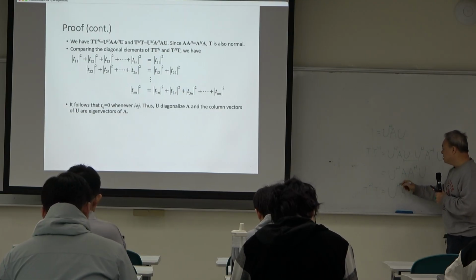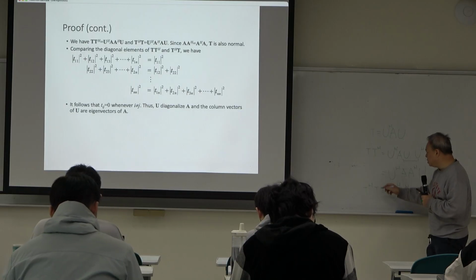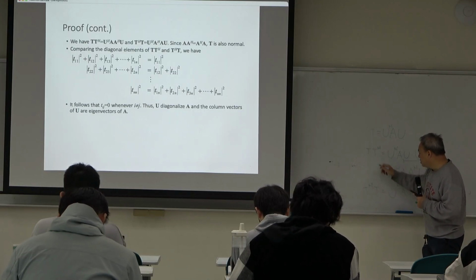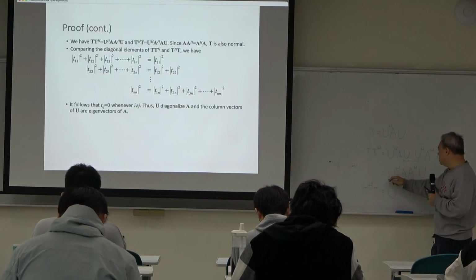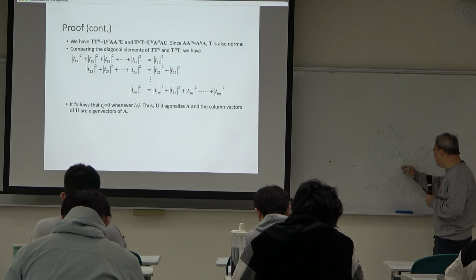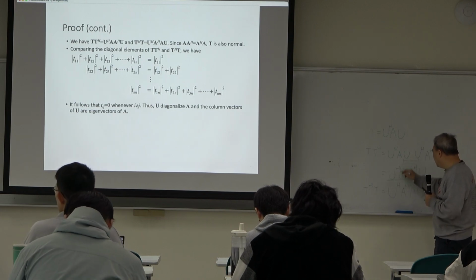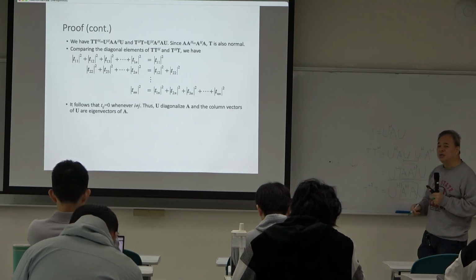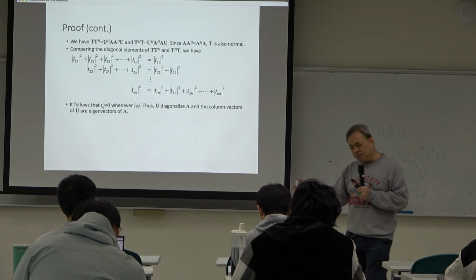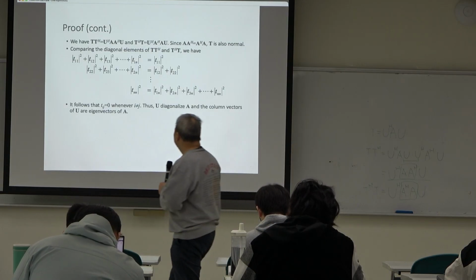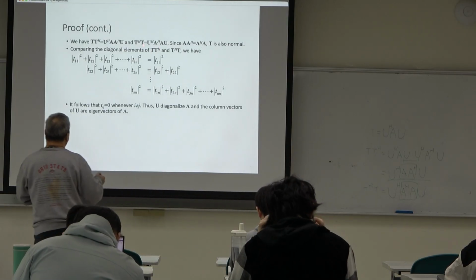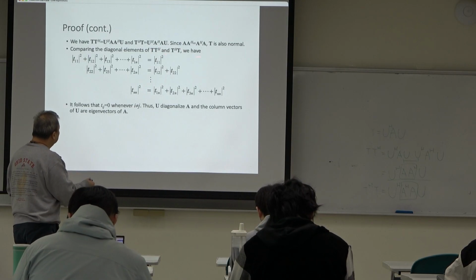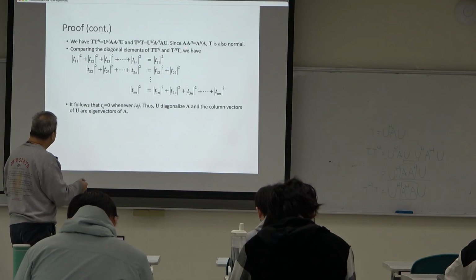So you can easily show that TT^H and T^HT are the same, because the center parts, AA^H and A^HA, are given to be the same.